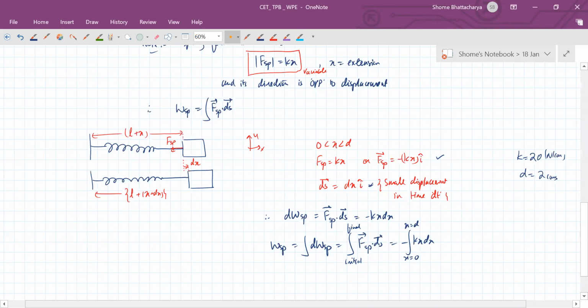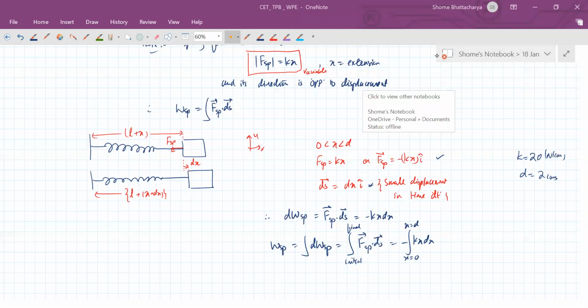So it should be 0.4 joules. No, no. See the unit better. It's centimeters. Yeah. So 0.4 joules.